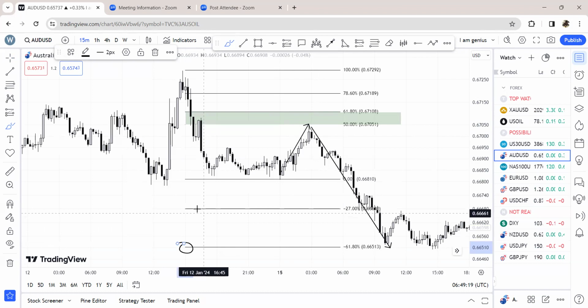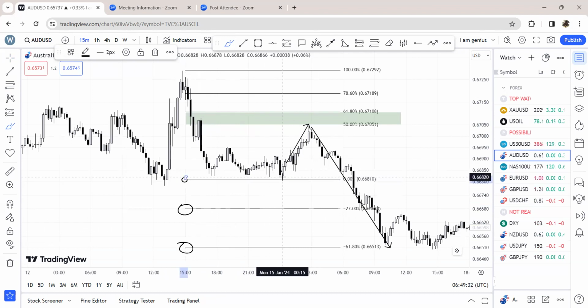Then if it's not very strong, at least it will reach this extension level. Then if it's not so strong, you expect it to at least come back to this level. What I mean is, like what we were looking at earlier, it never reached this level. That means that the trend wasn't very strong. So that's about the extension levels.